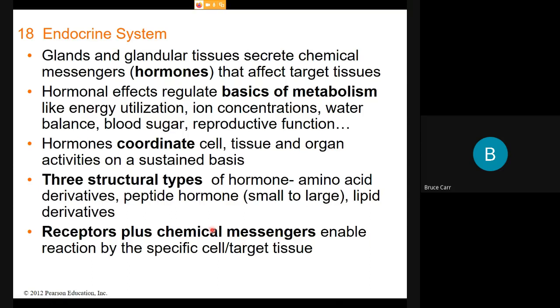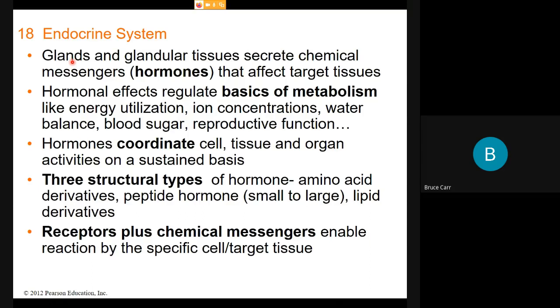Now, we're going to recognize a kind of a division here. This chapter talks about the major glands of the body. We recognize them as separate lumps of tissue, and we name them a specific gland of the endocrine system. Now, I want to basically put an asterisk by that definition. That's for Chapter 18.